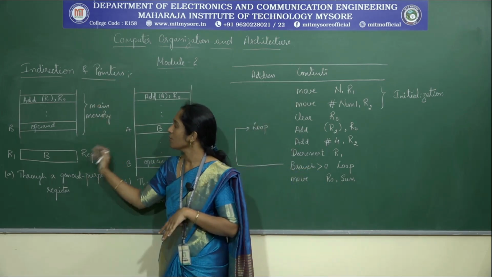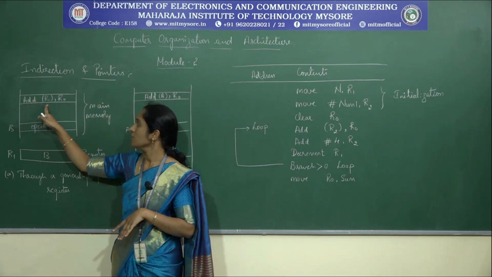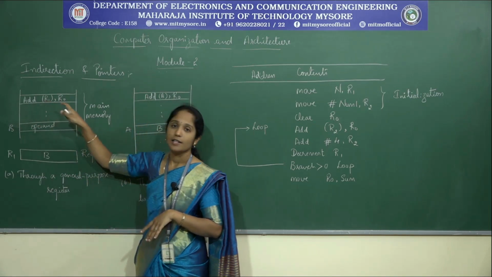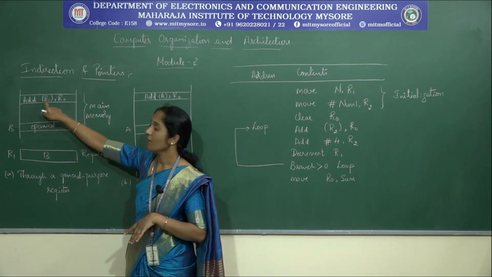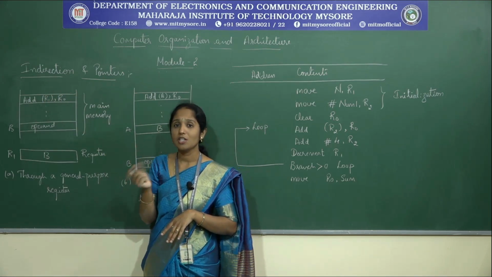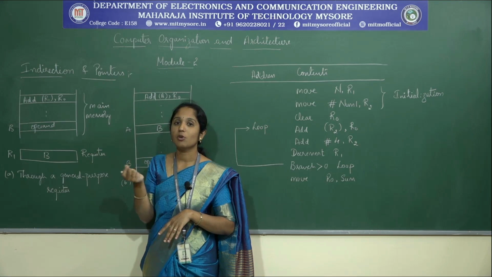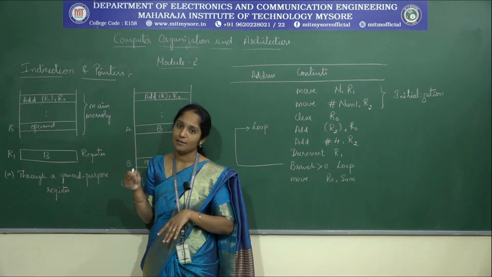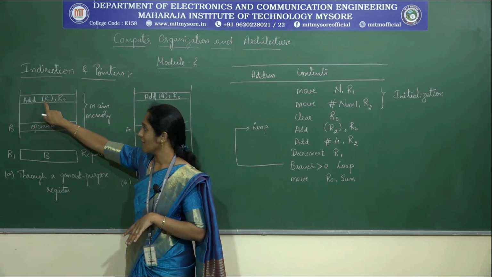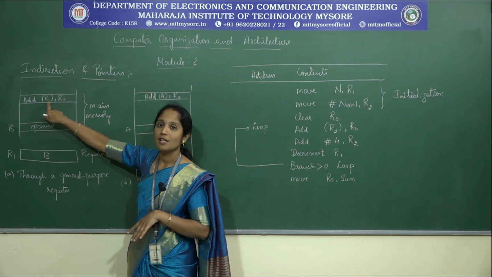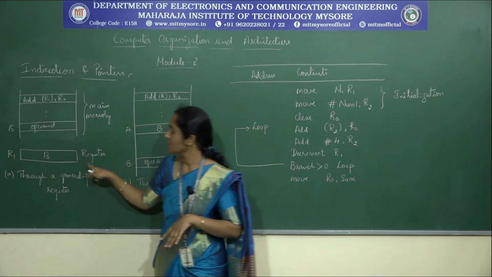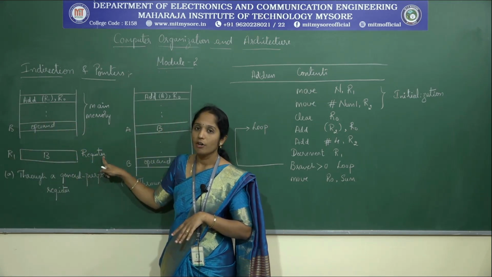In the first, I have written the instruction add contents of R1 comma R0. We are supposed to find the value of the operand, which is given by the contents of R1. R1 provides the memory location of the operand, and we need to read that memory location to obtain the value of the operand. R1 is a general purpose register present in the processor.